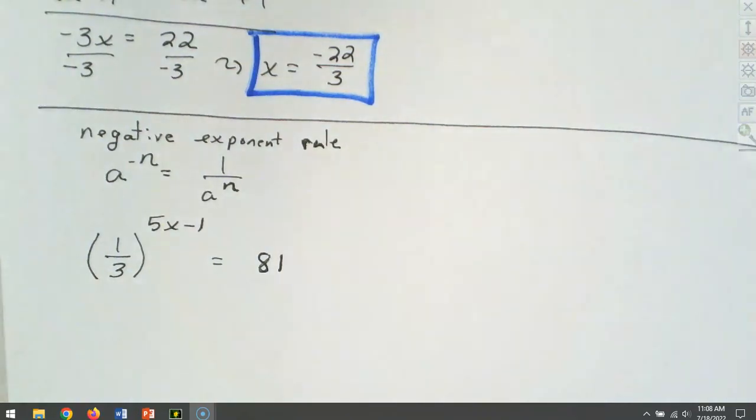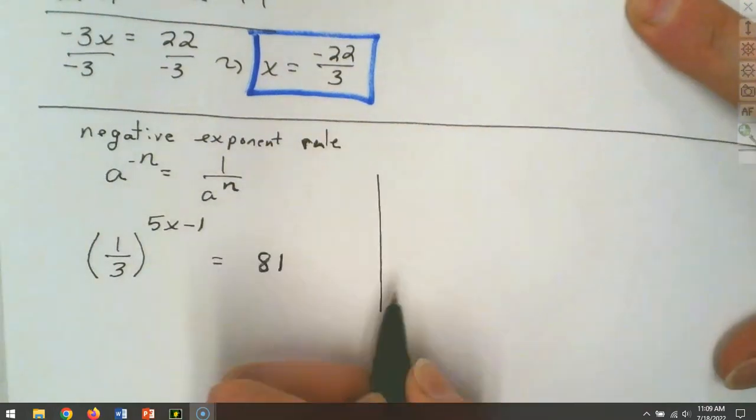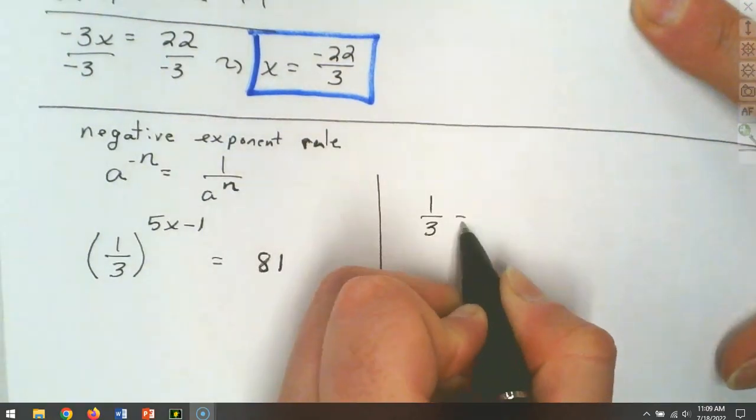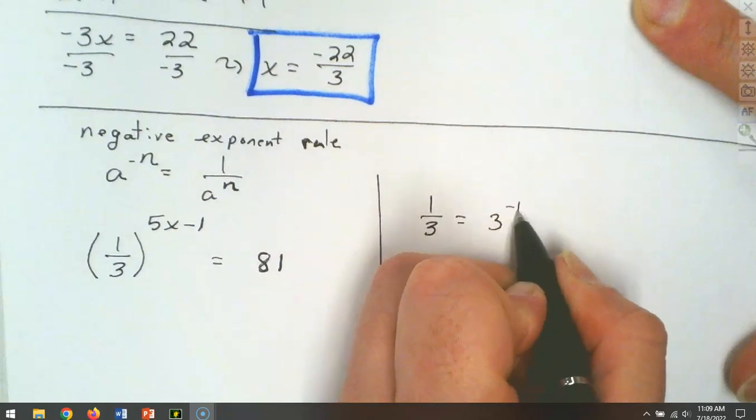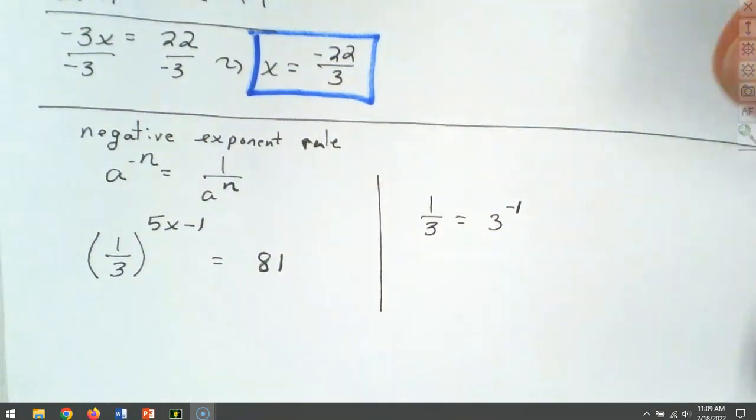Now, you can take the 81 and make it into a fraction and then get them done that way. I think, though, it's going to be easier if we just rewrite it without the fraction. So if we have 1/3, 1/3 is the same as 3 to the negative first power. So we can rewrite that as 3 to the negative 1.